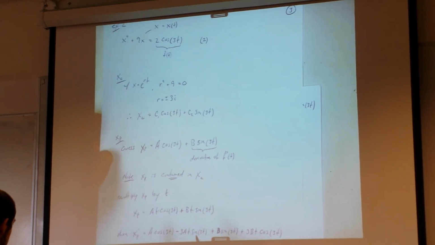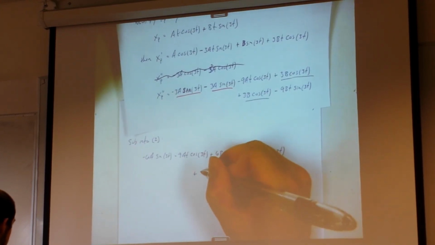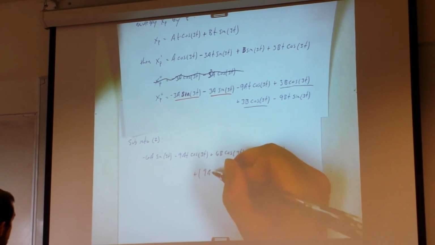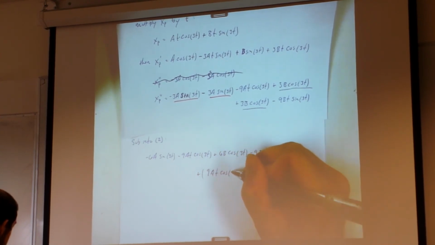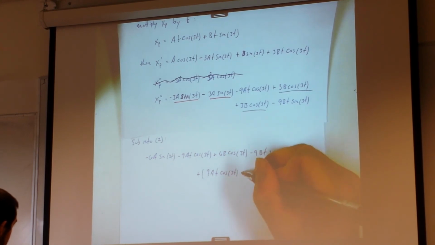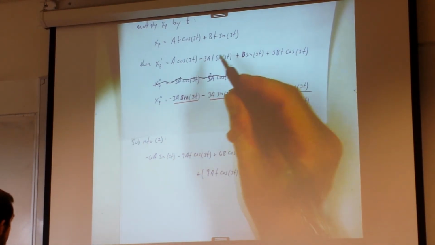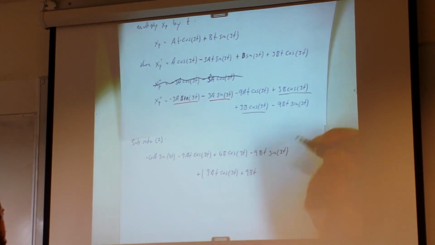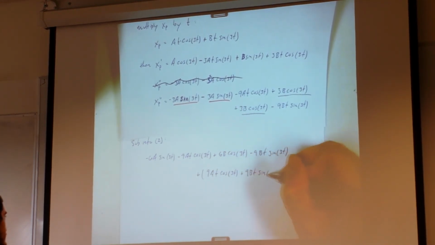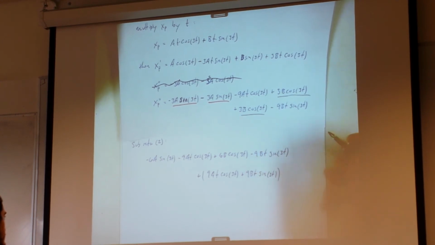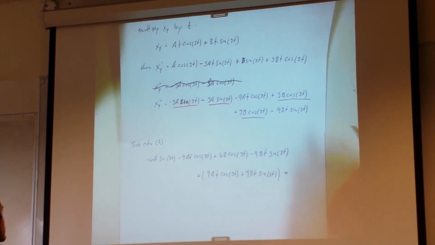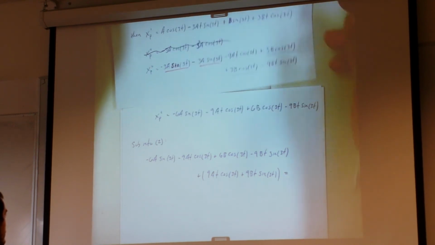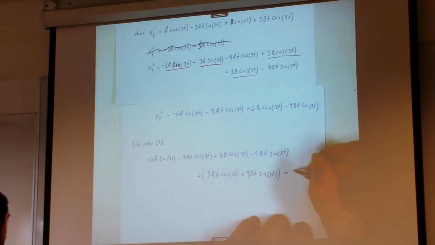Okay, so it's going to be plus 9at cosine 3t plus, and a 9 there, we're multiplying 9x, so 9bt sine 3t. Okay, and that equals our original equation 2, so 2 cosine 3t on the right.